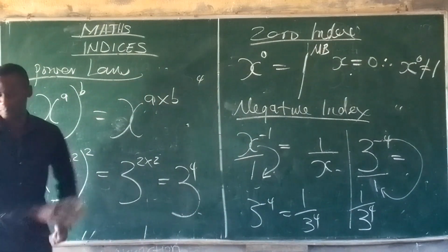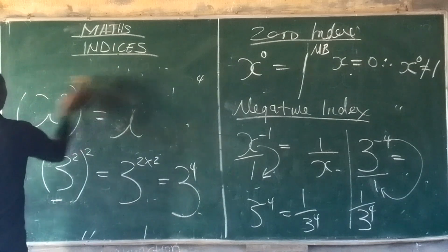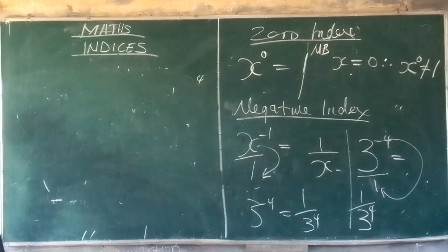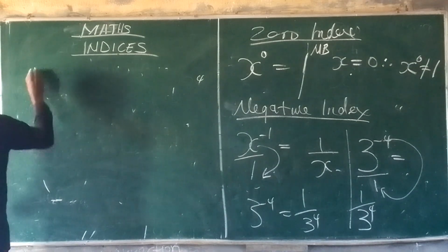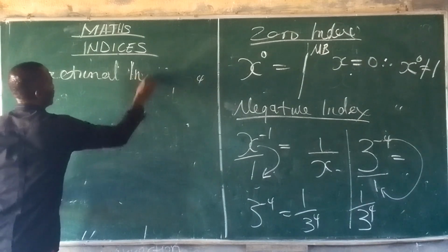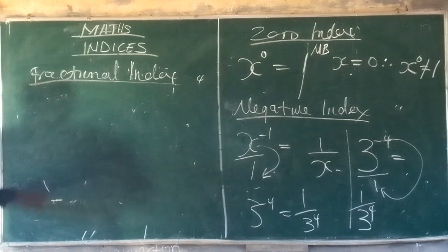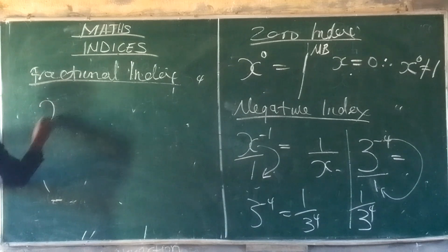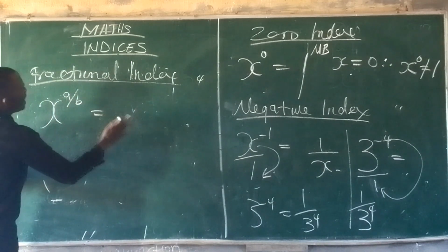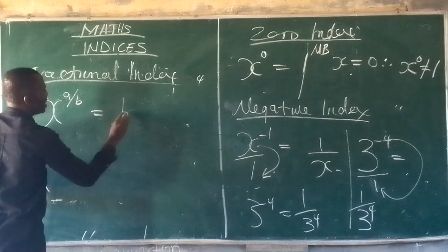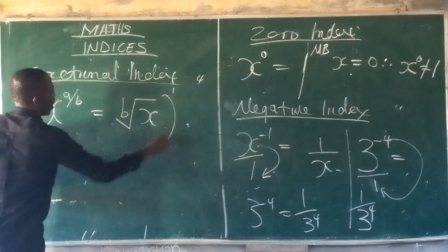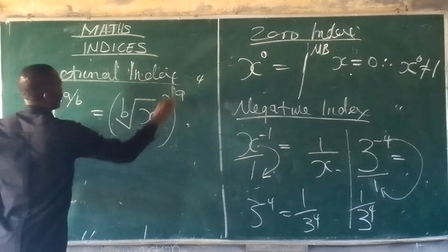Let's go to the next one, known as the fractional index. Under the fractional index, when we have x raised to the power of a over b, is it not the same thing as the b root of x, all in bracket, to the power of a?